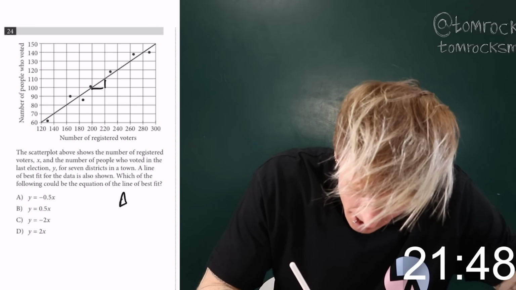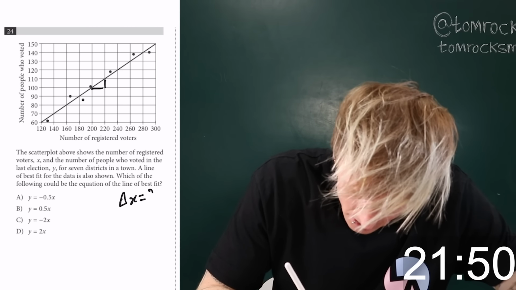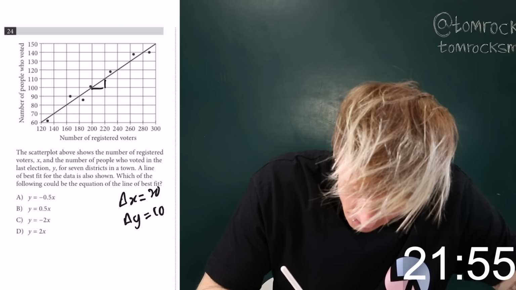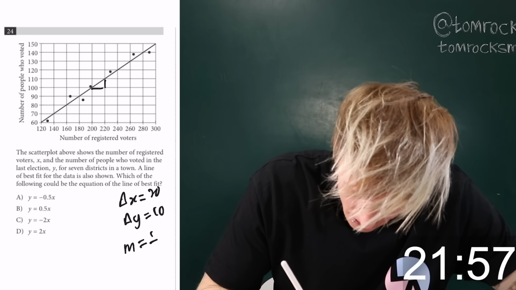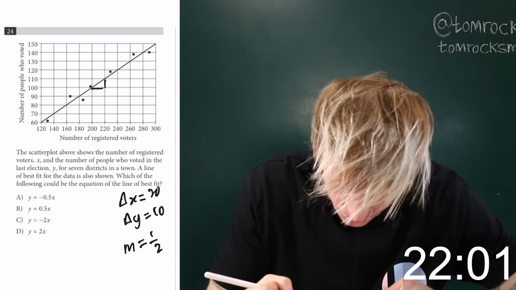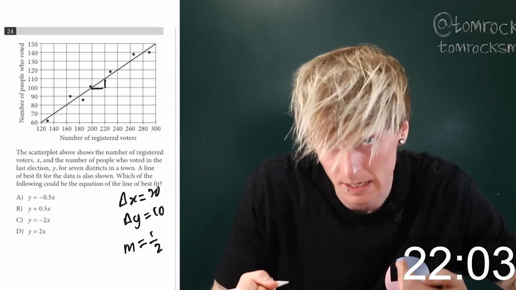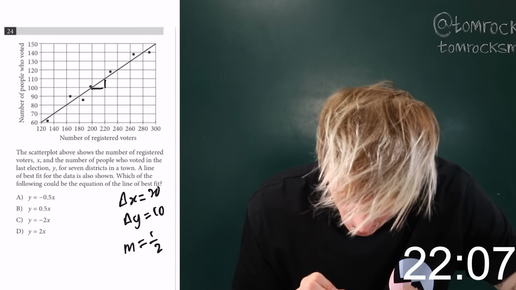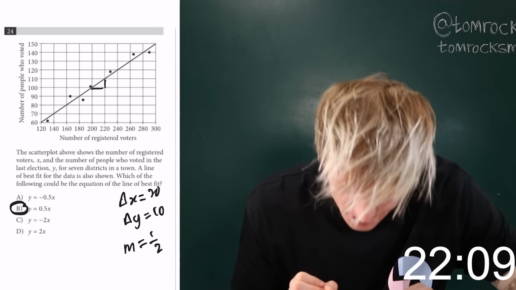So delta x is 20, delta y is 10. So the gradient m is a half. Now, does it go through 0? It's not necessarily going through 0, but that's the gradient of it. So y is equal to a half x, positive, so it has to be b.